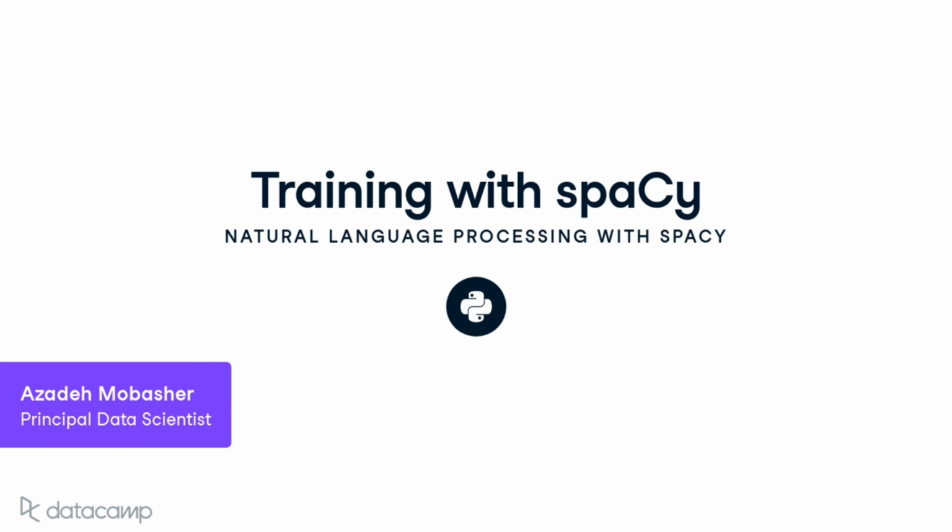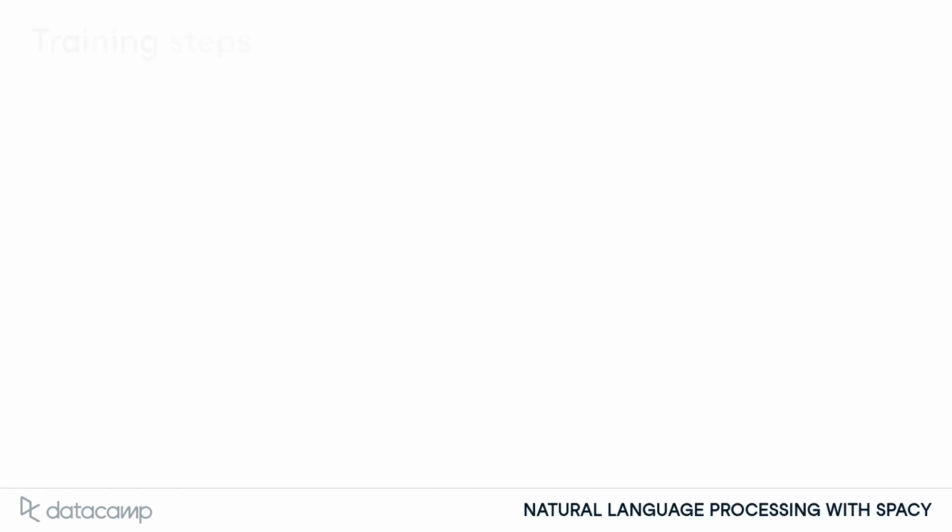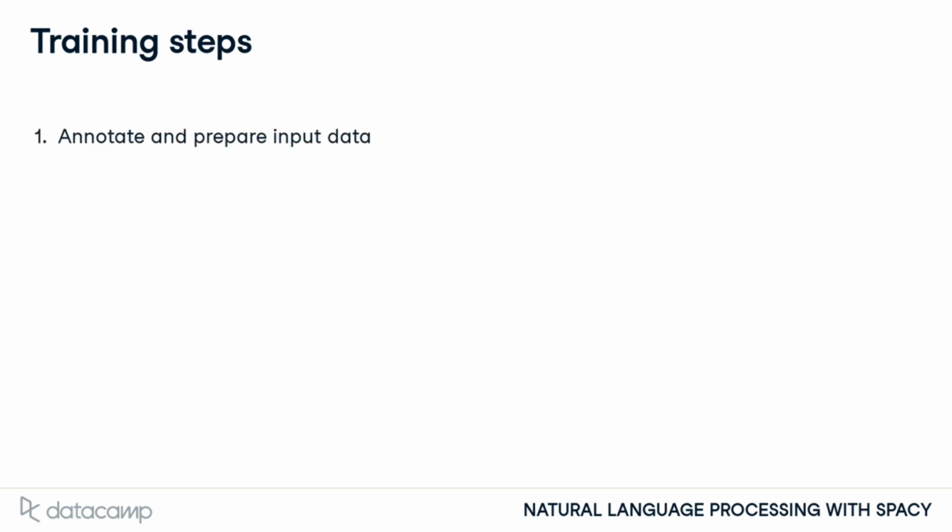Welcome. Let's learn how we train spaCy models for an NER task. We previously learned that a spaCy model may not work well on a given data. One solution is to train the model on our data. In this video, we will learn how we can train a model on our data after annotating and preparing training data and by disabling all other pipeline components.